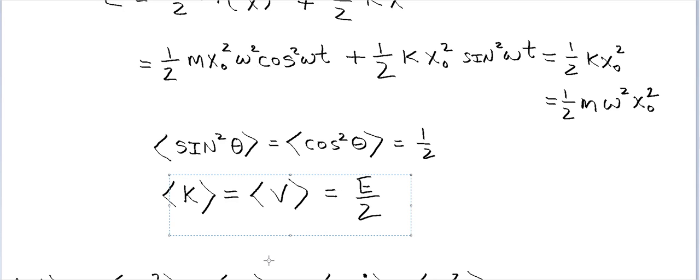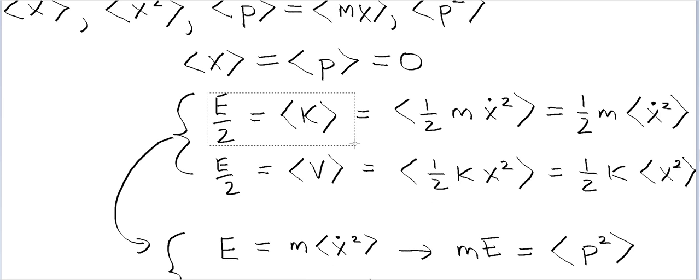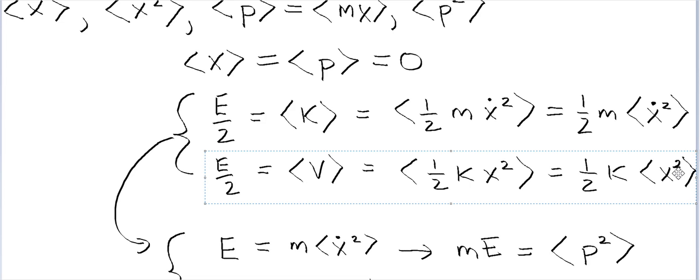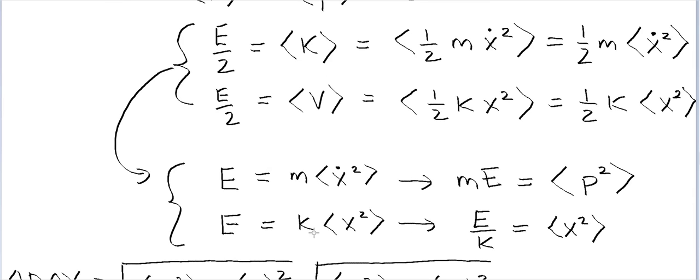Coming back to this statement, we could say that E over 2 is half m x dot squared, expectation value. We could do the same thing for the potential energy term, and it's half k times the expectation value of x squared. What we glean from this is that E over 2 is half m times the expectation value of x dot squared.